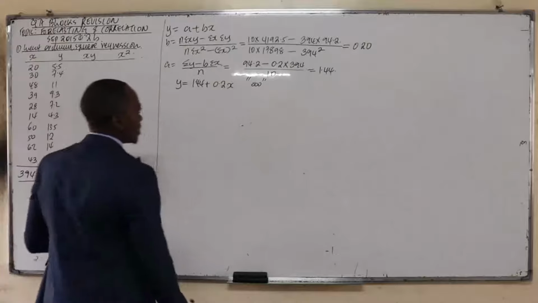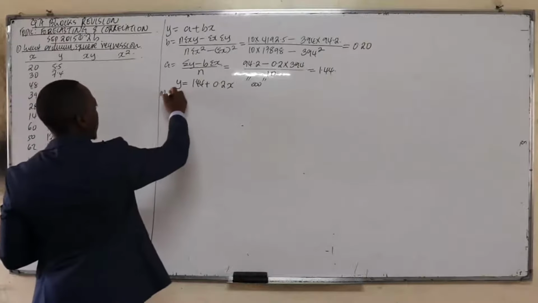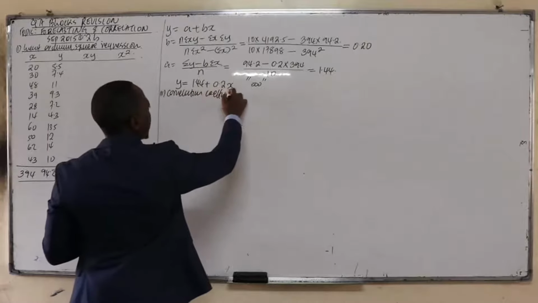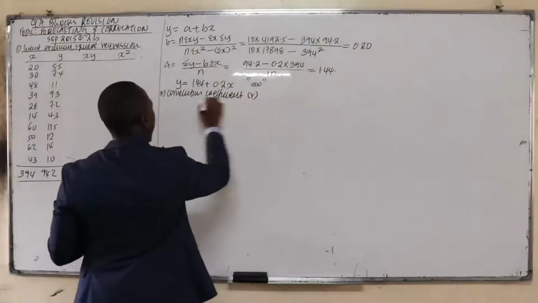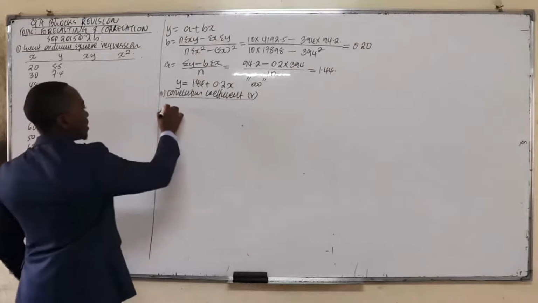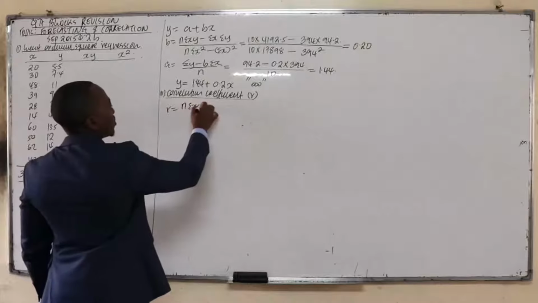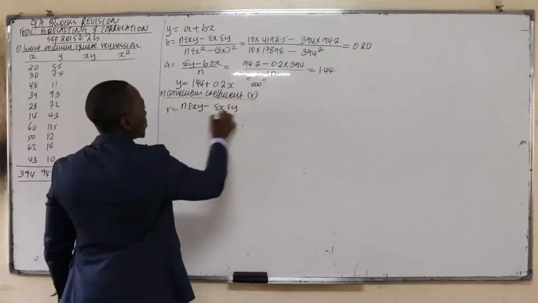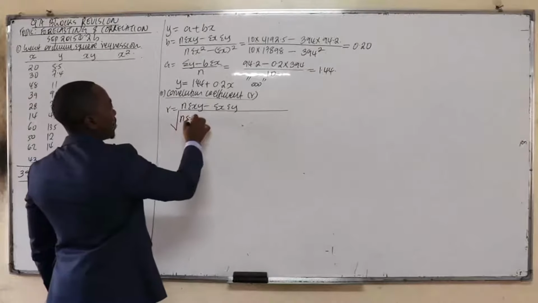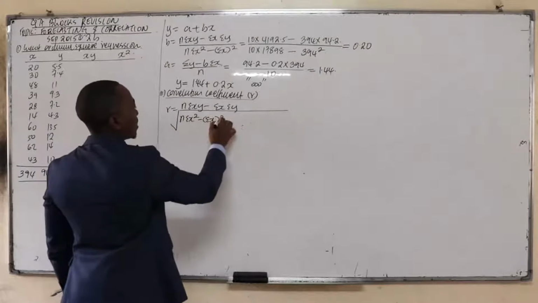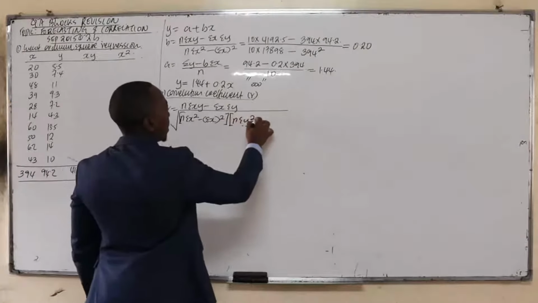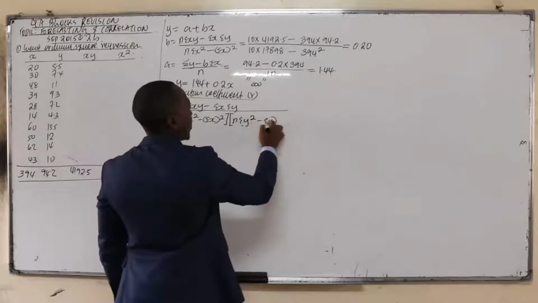Now, the correlation coefficient, denoted by R, is the relationship existing between hours and salaries. R equals n summation of xy minus summation of x times summation of y, divided by the square root of n summation of x squared minus summation of x in brackets squared, multiplied by n summation of y squared minus summation of y in brackets squared.